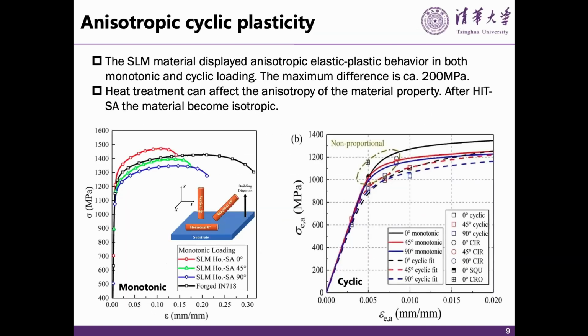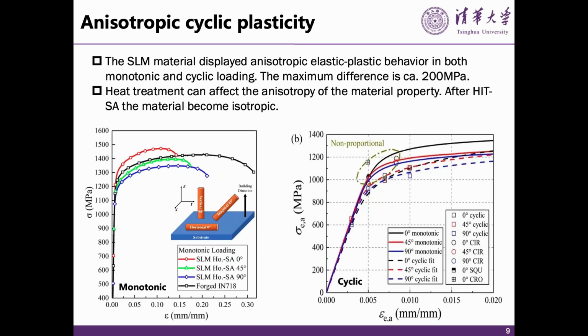The next point: of course, if we want to design mechanical components, we also need the whole stress strain curve. We performed tension compression tests and monotonic tests. What we see is this solid line. The solid line is the monotonic curve, for different directions.